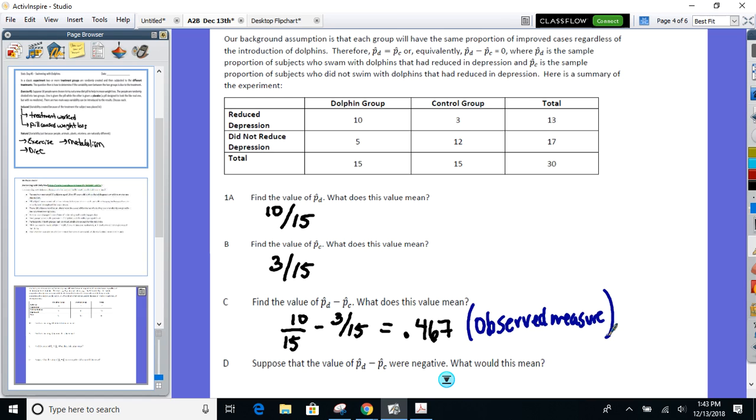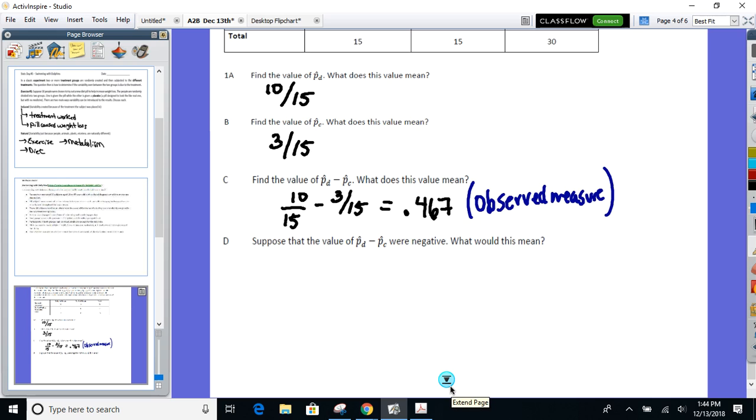All right. Quickly, what if that value came out to be negative? What would that mean? If this value came out to be negative, meaning this one was greater than this one, what would that mean? Well, that would mean more people in the control group had reduced depression than the dolphin group.